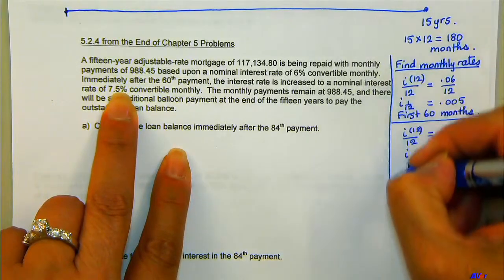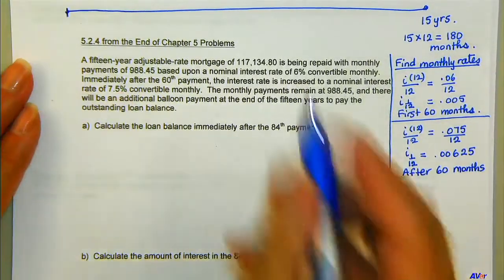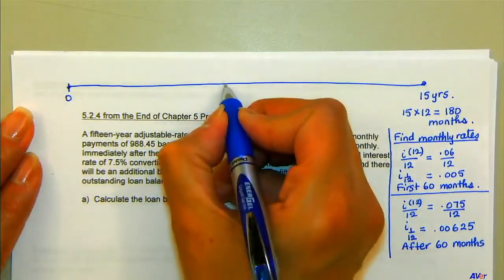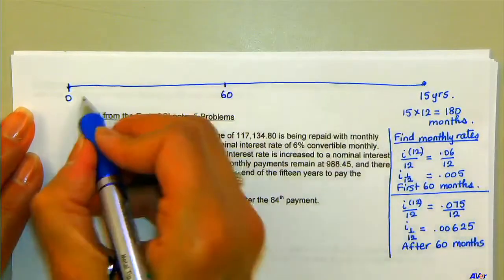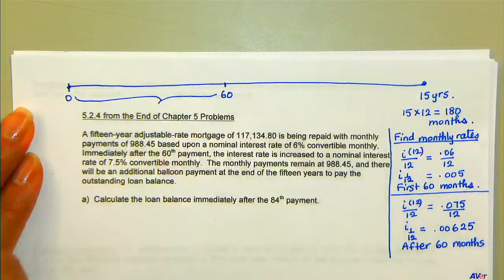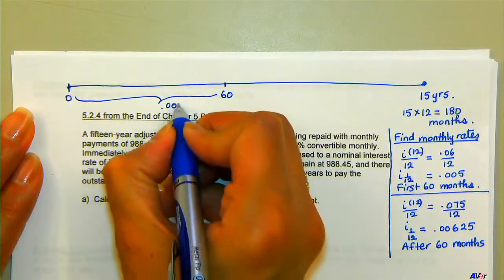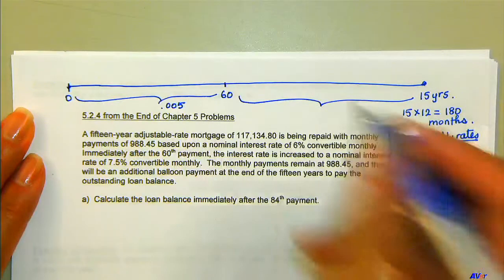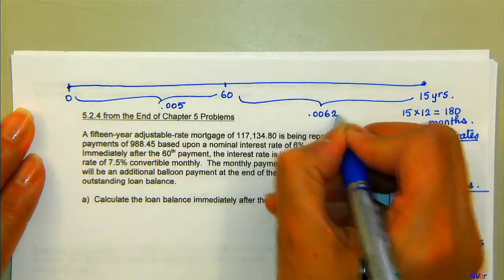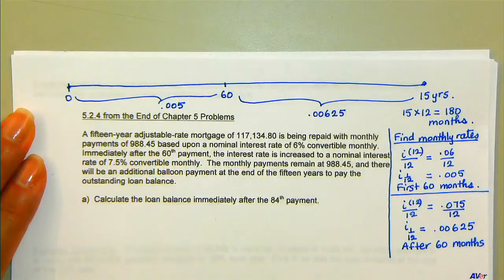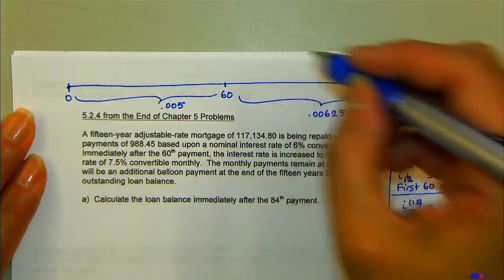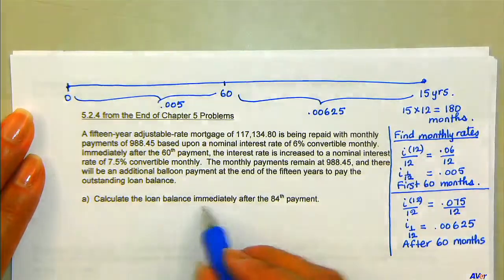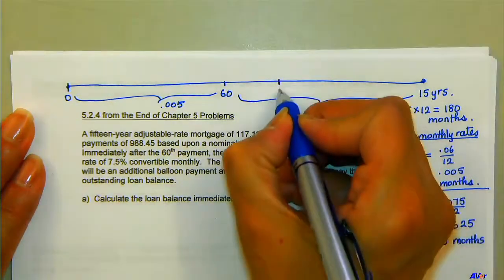Okay, now I have my rates. So let's mark this timeline off. If I start at 0, at time 60 here the interest rate is 0.005, and after that the interest rate is 0.00625 monthly. The interest rate changes at 60, but they're asking me for the outstanding loan balance at time 84.